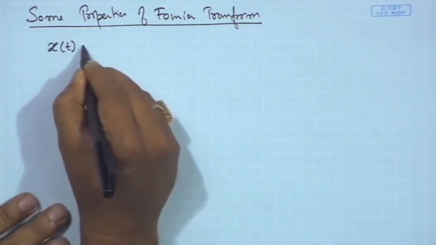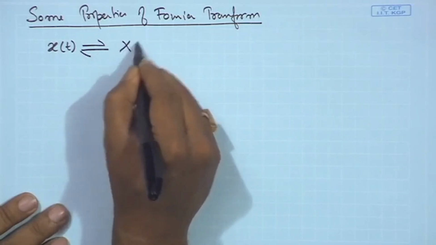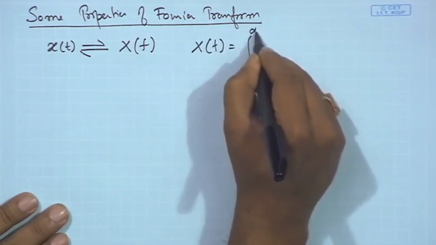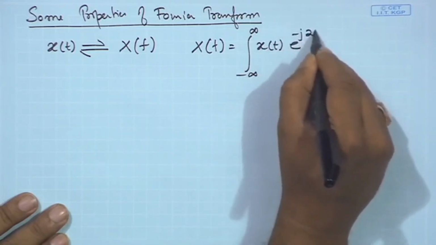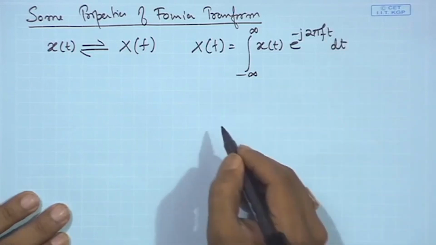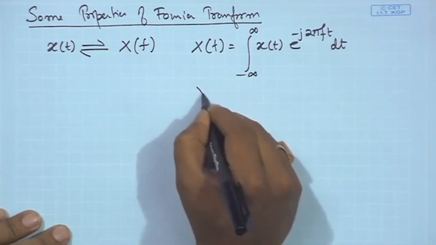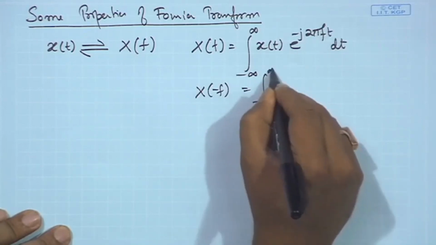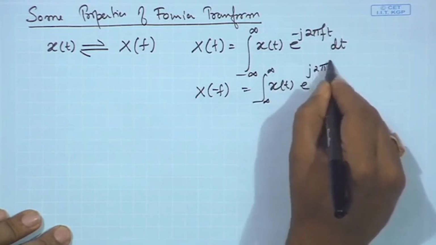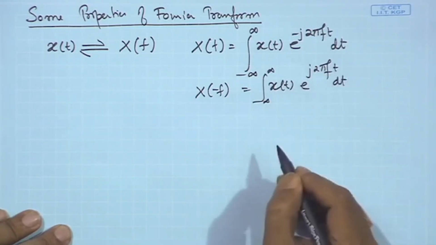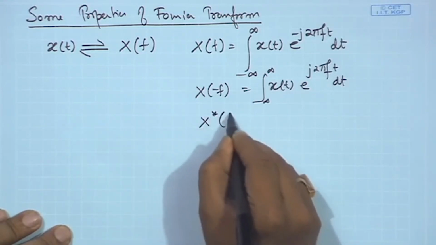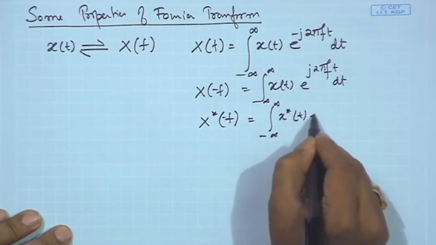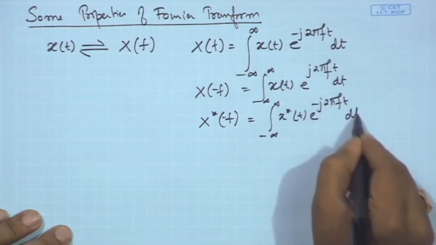So, if we are given that x of t has a Fourier transform represented by X of f, where X of f is the integral from minus infinity to infinity of x of t e to the power of minus j 2 pi f t dt, from this we can establish that X of minus f, I will simply replace f by minus f, is the integral of x of t e to the power of j 2 pi f t dt, and then we can take a conjugate of X of minus f, you are going to get the integral of x conjugate t e to the power of minus j 2 pi f t dt.